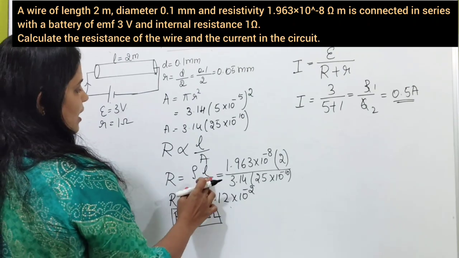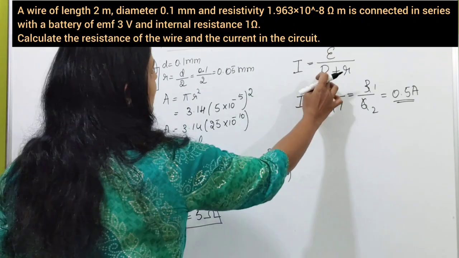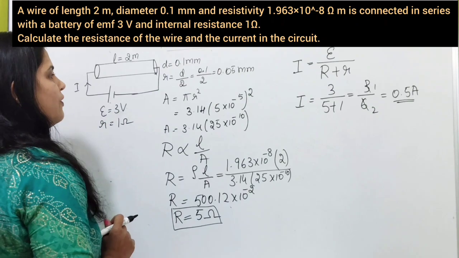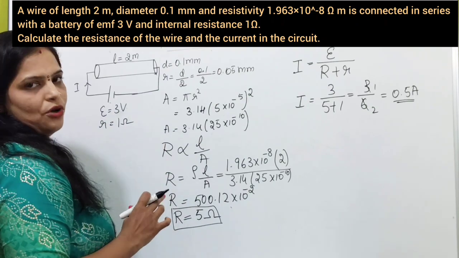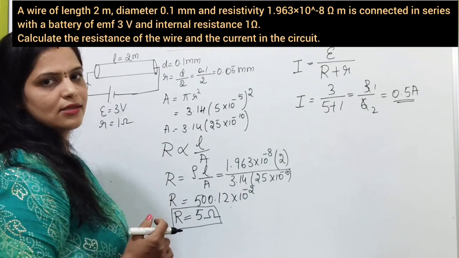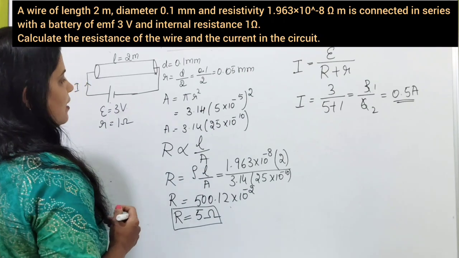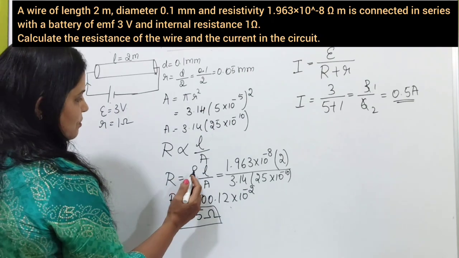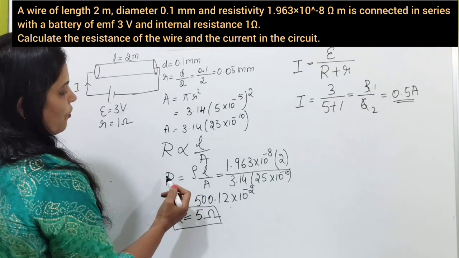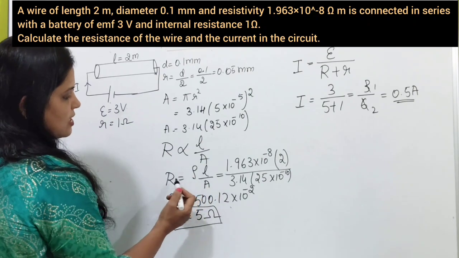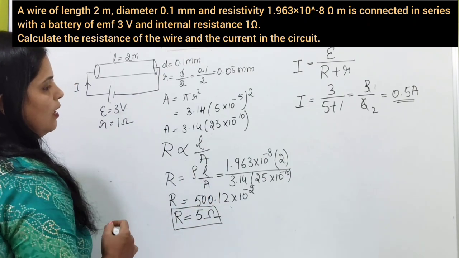So R is rho L by A and I is E by R plus r. If you just give some focus on the concepts, then you can easily answer this type of question, right? Sometimes students are writing this in the wrong way, so please go through the expressions and write them properly.